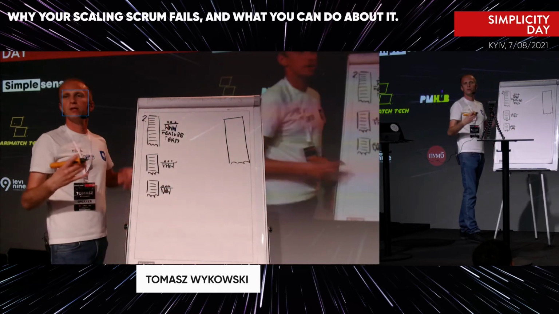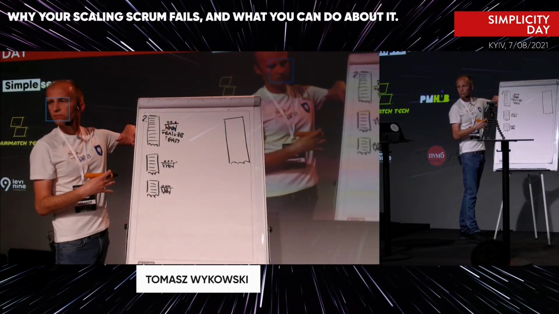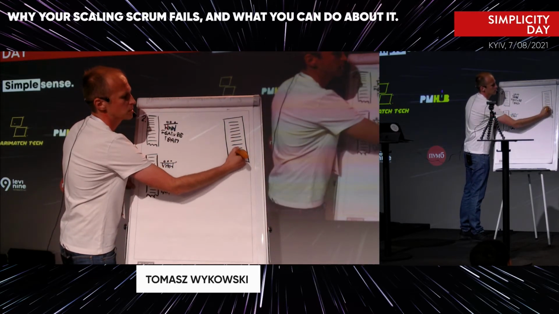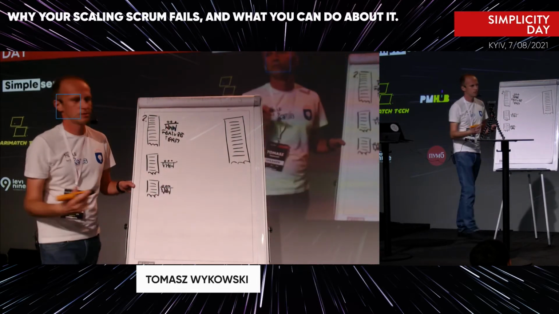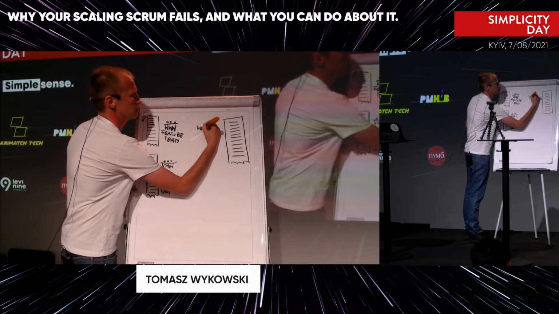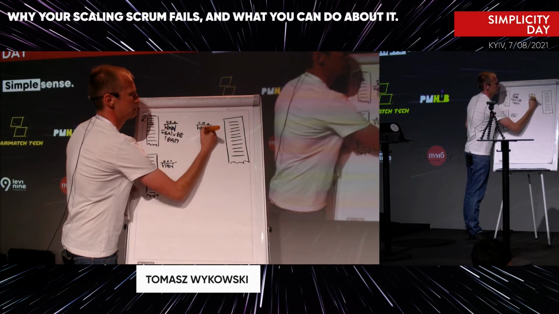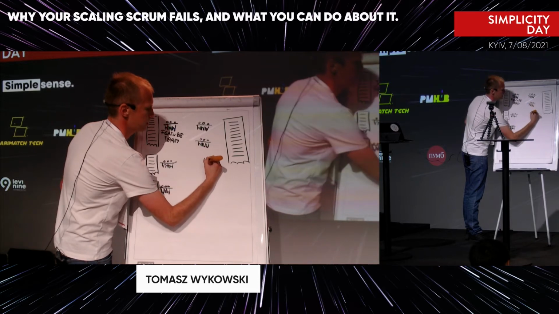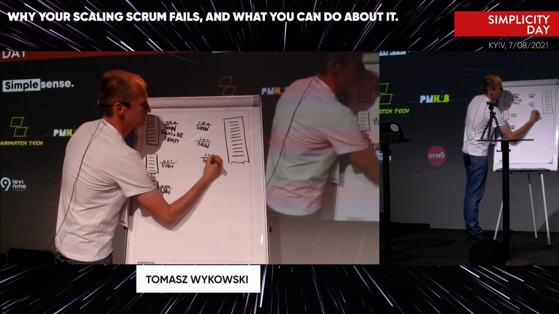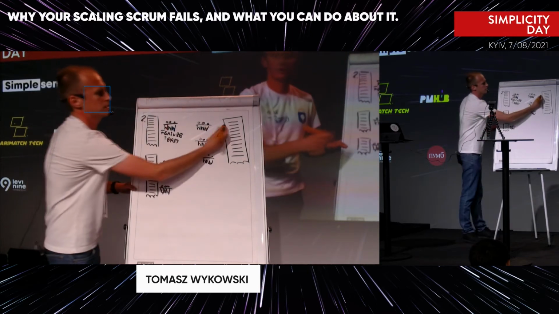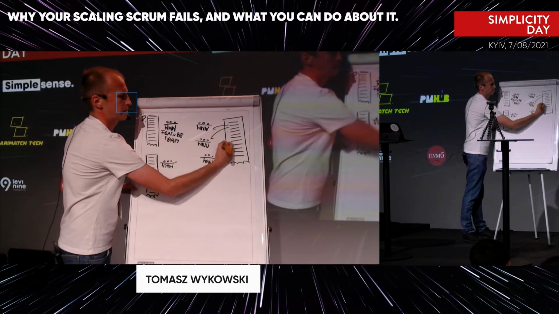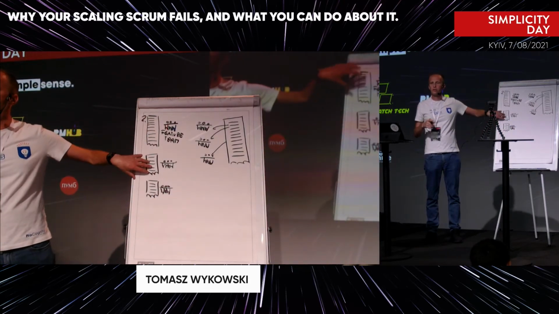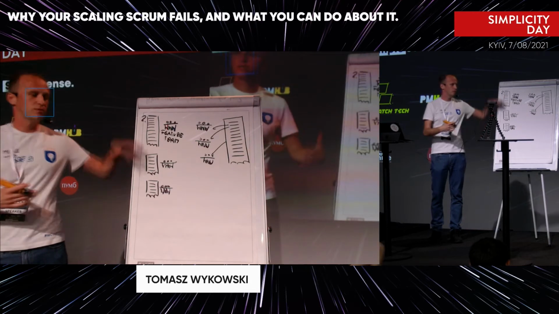We built one big backlog from all those items. So I created one big backlog, which basically means I need to have one product owner, and I created teams that can take any item from here and deliver it. So multiple feature teams deliver different features from the different backlog.